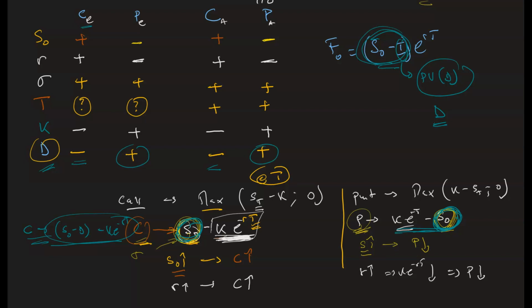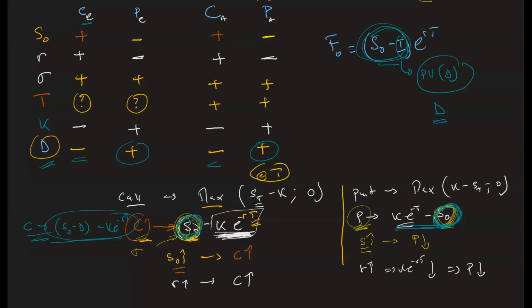All right, so these are the basics here for what the relationships are between the variables that help compute the call option premium or the put option premium and those premiums themselves, right? So as stock price increases, call is going to be increasing, but put is going to be decreasing. As interest rate increases, call is going to be increasing, but put is going to be decreasing as well. As volatility increases, call and put are both going to be increasing.